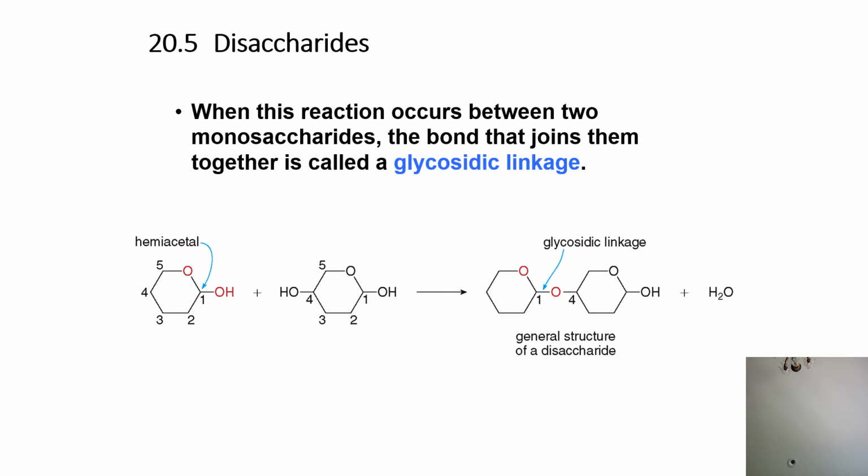And that linkage is between carbon 1 and carbon 4 on the second monosaccharide. So we get this 1,4 linkage. So now we have two monosaccharides linked together by that glycosidic linkage, and we again lose a molecule of water.